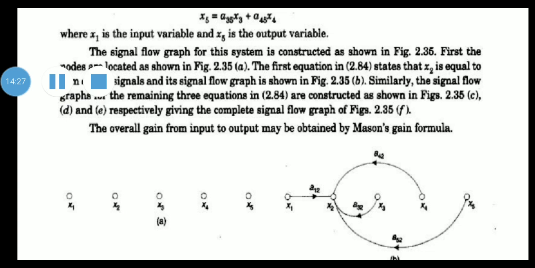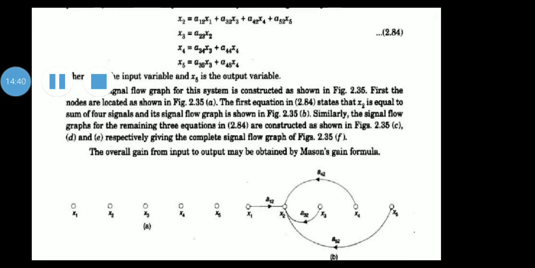First we'll place the first equation, x2 is equal to a12 x1 plus a32 x3 plus a42 x4 plus a52 x5. So you can see this is x2.